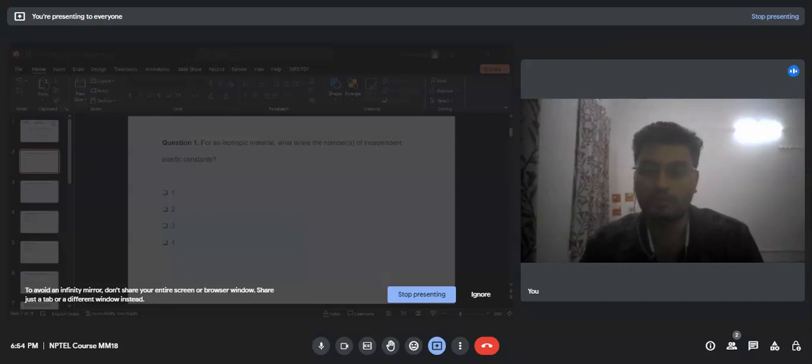Written in a simplified manner, del V is equal to del P upon B. So we get the value of del V, the change in volume, and the answer will be 60 mm cube. Since it is a volume, it will be in mm cube.